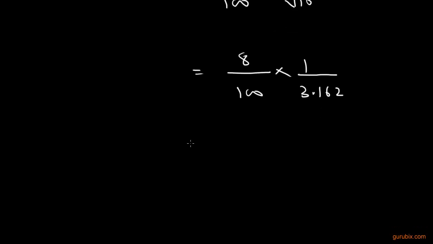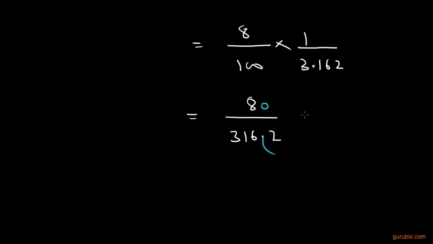Now we can calculate this value. It will be 8 over 316.2, and we can remove this decimal point by just putting a 0 here.